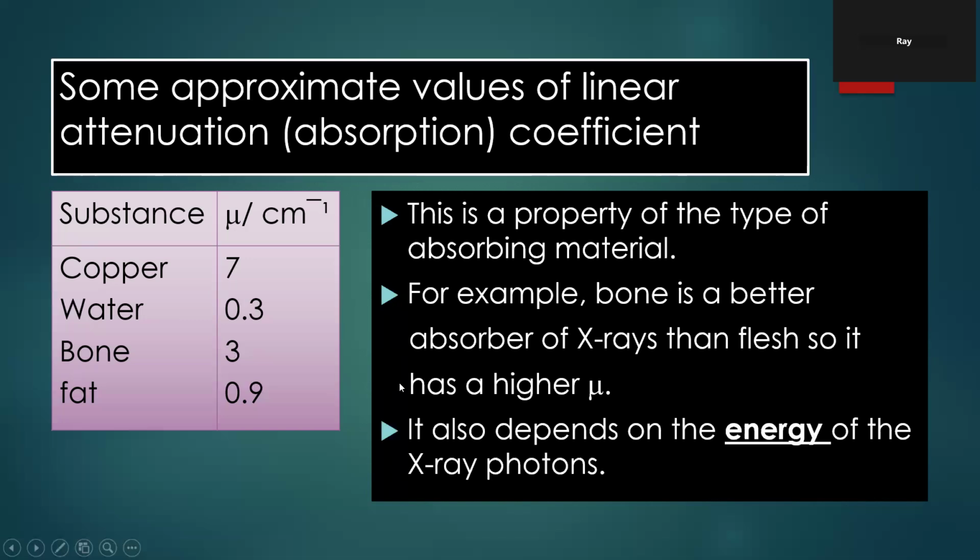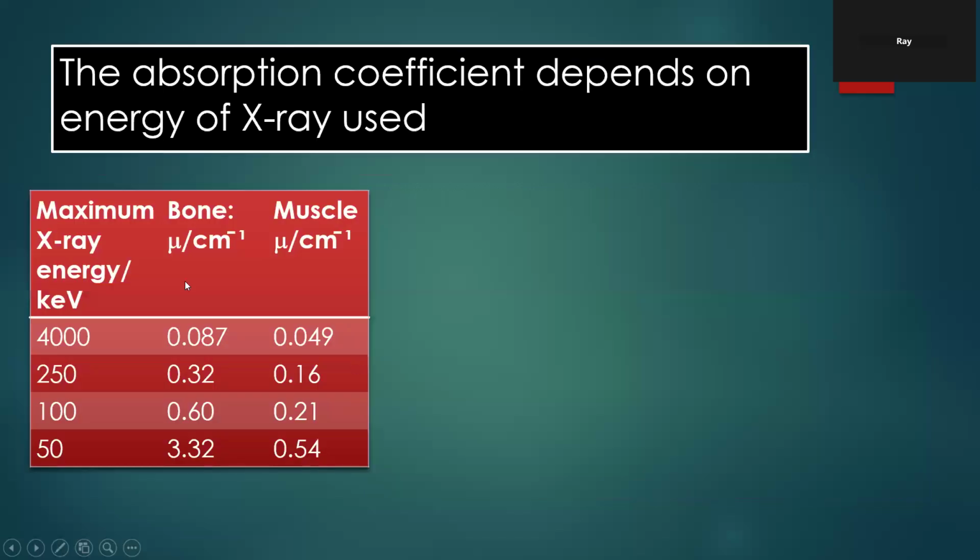It also depends on the energy of the X-ray. This is just for info, no need to go too detailed about that. Absorption coefficient depends on the energy of the X-ray used. We can see that these two are quite small for bone and muscle. This is for bone, this is for muscle.